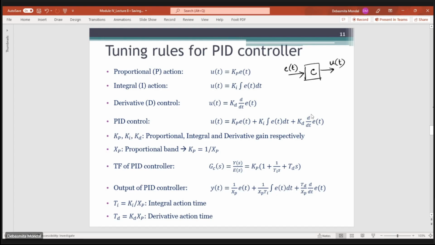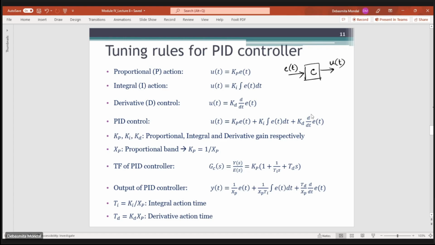Similarly, for integral action, the output u will be equal to Ki times the integral of the error signal e dt. For derivative control, the output u is equal to Kd times the derivative of the error signal e(t). Now, if you have a controller where you have all three, P, I and D, then the output of the PID control will be the addition of all these three outputs.